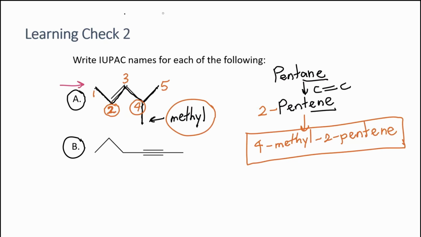To visualize how many carbon atoms are here, let me write the carbon atoms in the corners and at the ends. Here there's a carbon atom, and there's a carbon atom here, and one here, and one here, and one here, and another one here. So this is something that students get confused with.